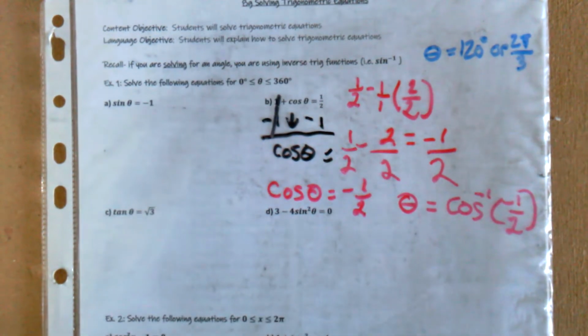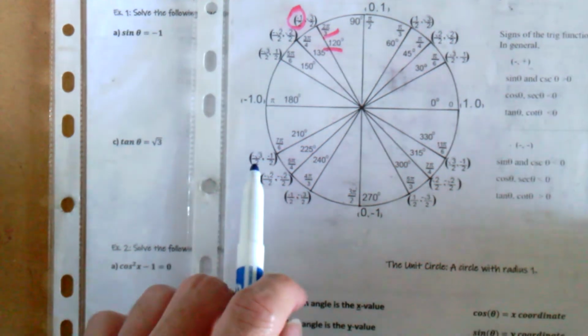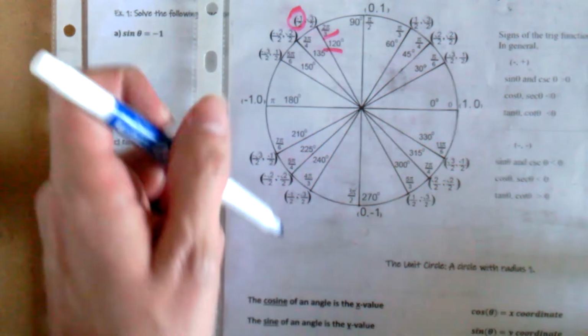Okay, now let's go ahead and find the other answer. In fact, go ahead and pause the video. See if you can figure it out on your own first. At what angle is cosine negative 1/2 in quadrant 3? Okay, so let's come back. So we want to look at negative 1/2 for cosine, or our x-coordinate.